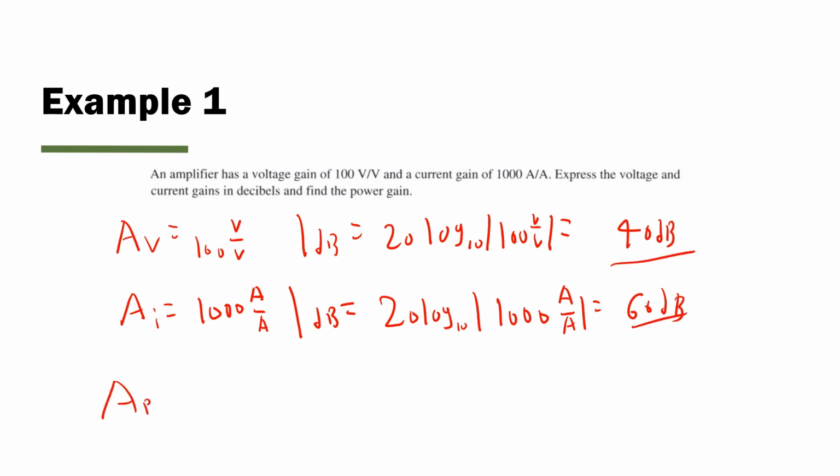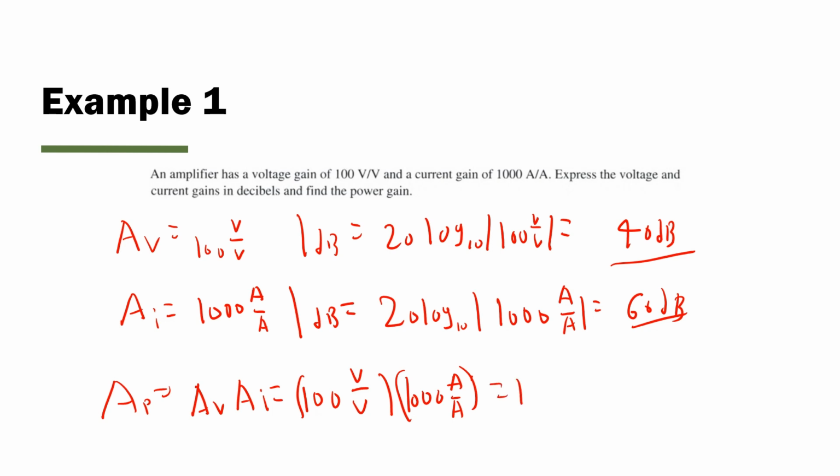Now to find the power gain, we can just multiply A_V times A_I. That is equal to 100 volt per volt times 1000 amp per amp. So we have 1, 2, 3, 4, 5 zeros.